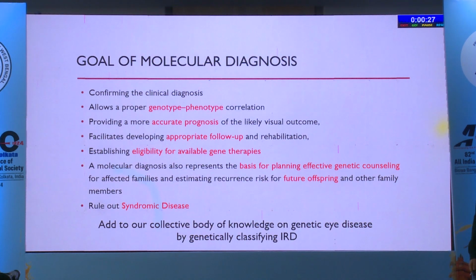And why do you do it? You would say that there's no treatment for it. What will I do if I know the gene? No, it helps you confirm the diagnosis. In a lot of cases, you will not know whether it is toxicity, whether it is inherited. So it helps you confirm diagnosis, allows you a proper genotype-phenotype correlation, very important for prognosis.